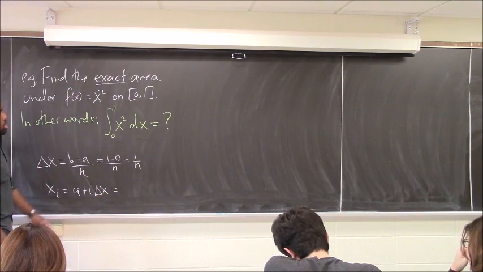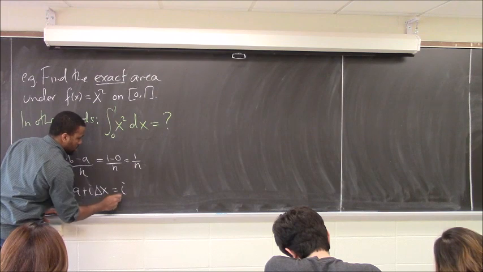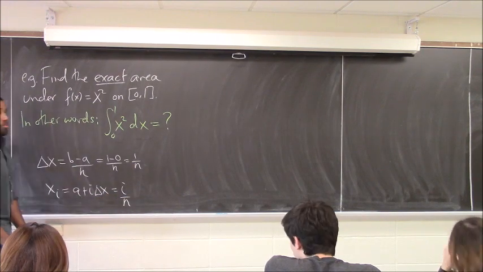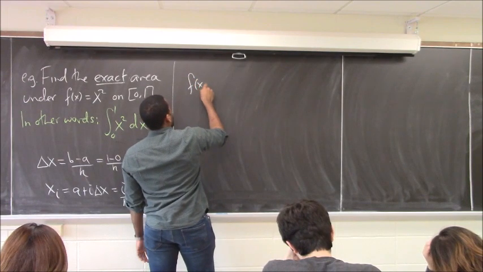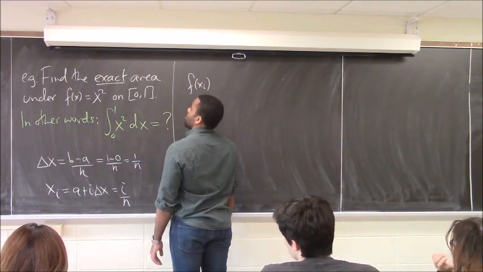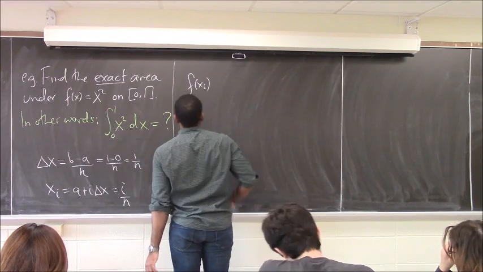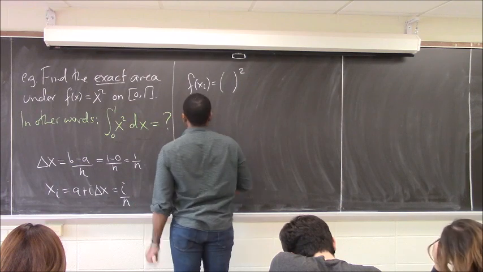This means our a is 0 and our delta x is 1 over n, so this will result in i over n. I will then have to find my function evaluated at the x sub i. My function here is x squared, so I'm just going to take the square of this expression.